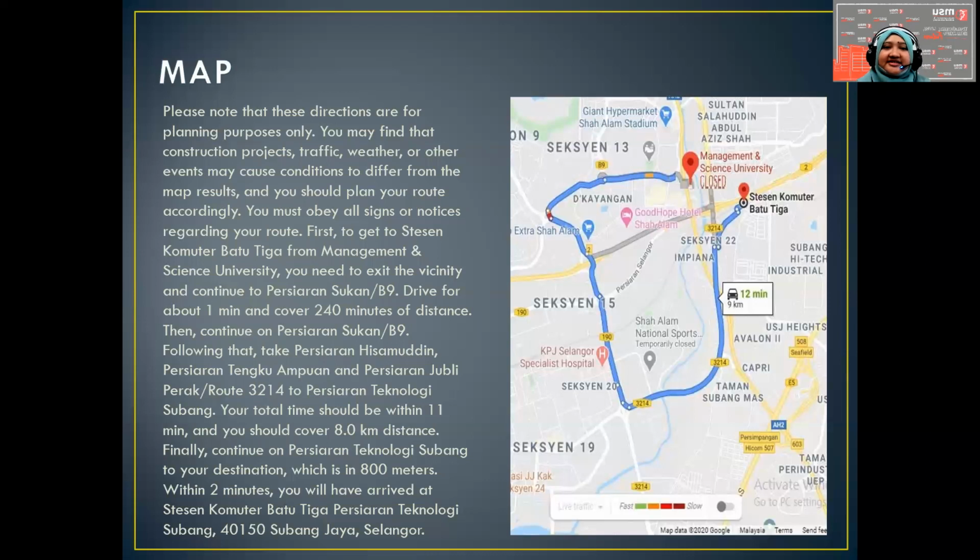Another example that we see on screen here is when, let's say, you are using Waze or Google Maps to get from one place to another. So instead of seeing the map from Stesen Komuter Batu Tiga to MSU, where the road should take about 12 minutes, 9 kilometers away, let's say you get a linear text.